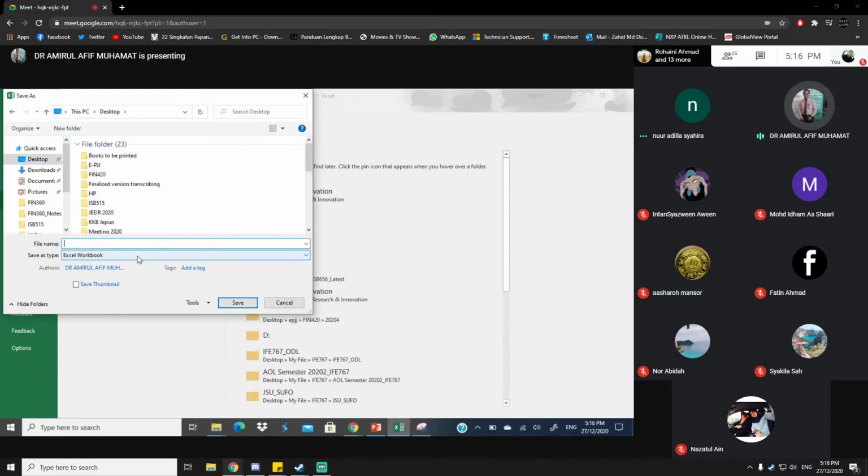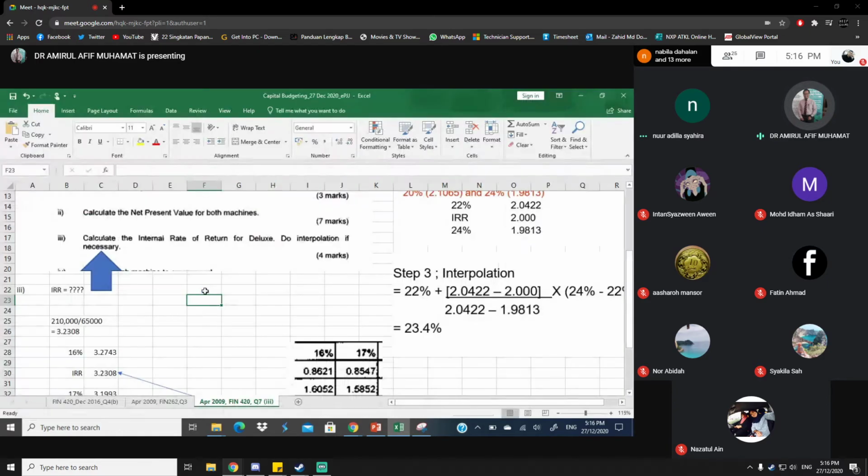Sebab I straight away explain kan. Sorry sir. Yang tadi sir explain NPVA, net present value. Apa different yang NPVA dengan B tu?